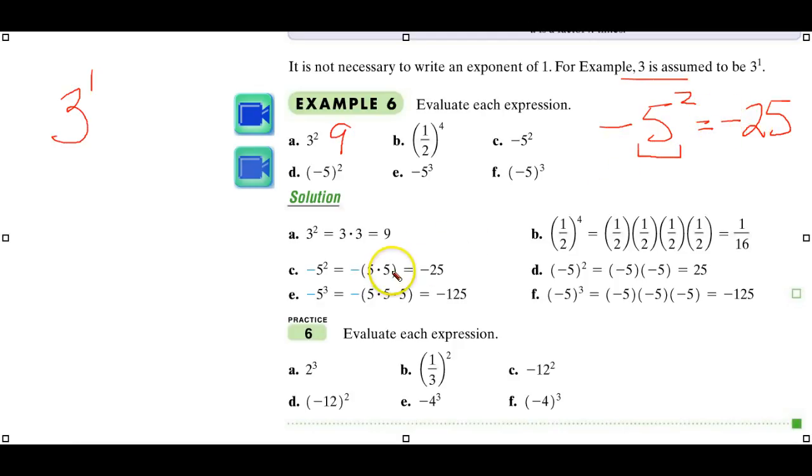And they're showing that here. Now, in letter D, we have in parentheses -5 to the second power. How does that differ? Well, now, because of the parentheses, the base is -5. -5 times -5 gives you a positive 25.